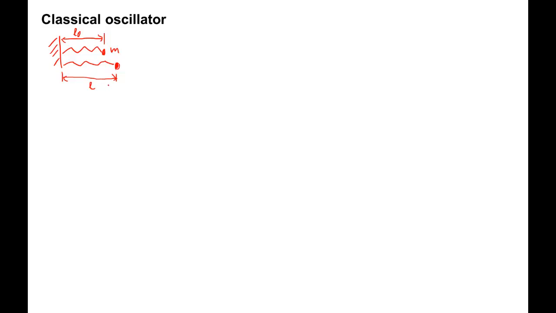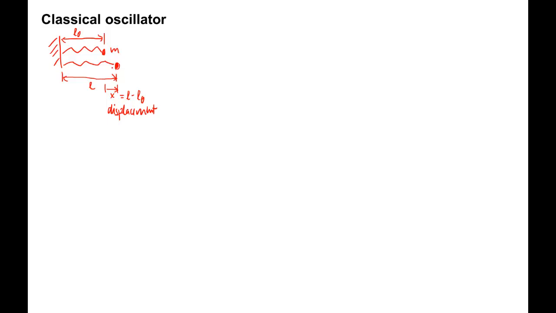The difference between the actual length at a given instant, L, and the equilibrium length, L0, is called the displacement. X equals L minus L0. The displacement is positive if the spring is extended, and it is negative if the spring is compressed.